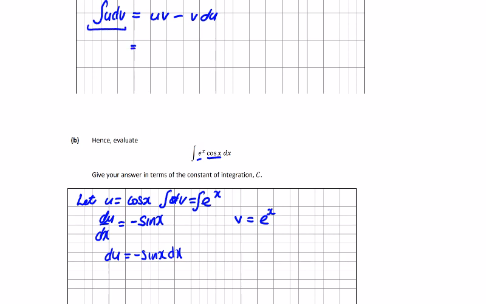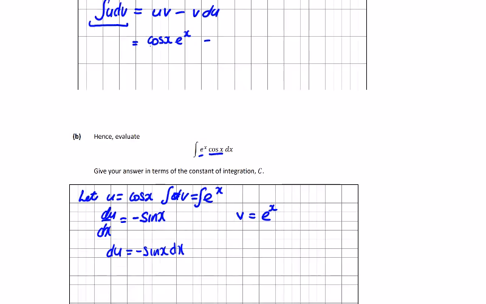So u times v, u is cos x, v is now e to the power of x, and then we have minus the integral of v du. So that's going to be the integral of v, which is e to the power of x, du, which is minus sine x dx. So you can see again we have another product.